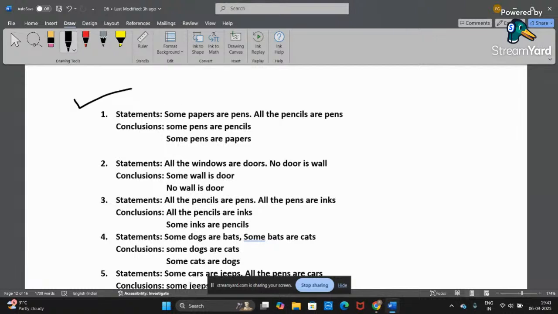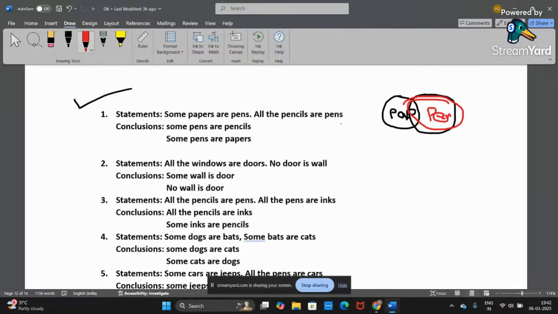Some papers are pen. Let's write it down. Papers as PAP. In that, some are pen. In paper, some are pen.